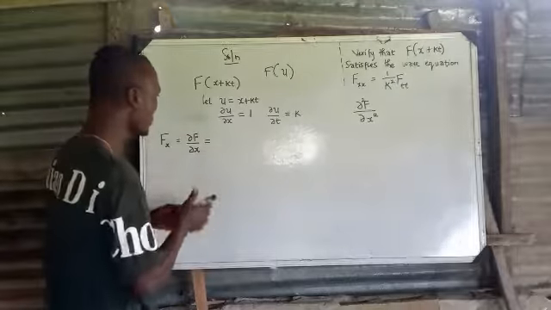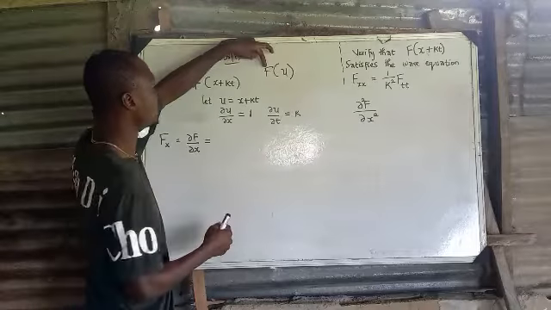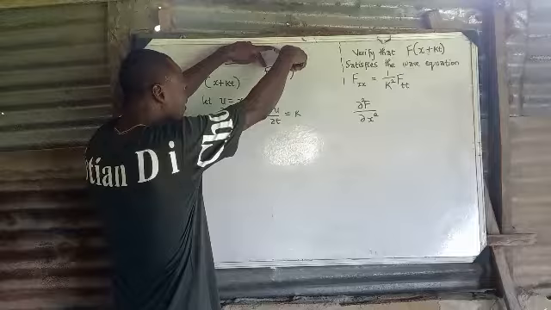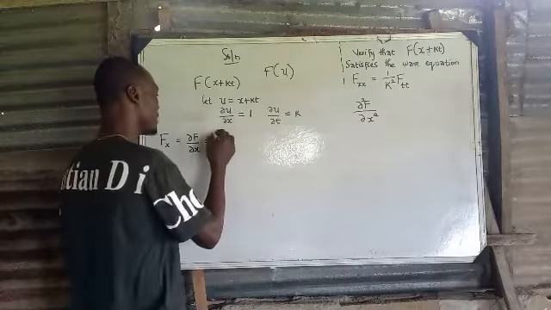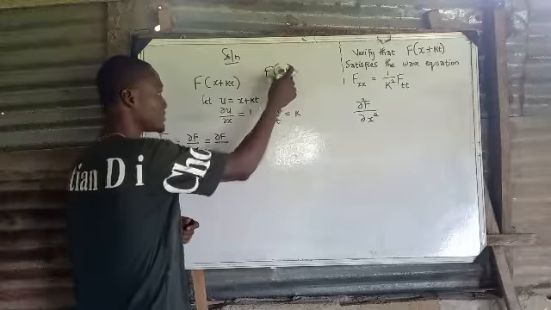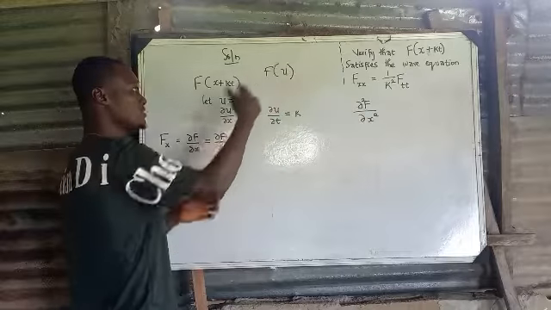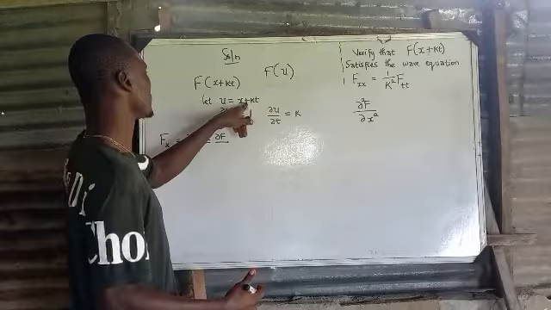Now chain rule is easy. You are differentiating f with respect to the one that is inside, u. You have to differentiate f with respect to u first, because u is the one covering x. Look, x is being covered by u.